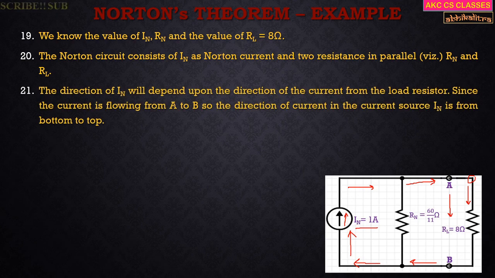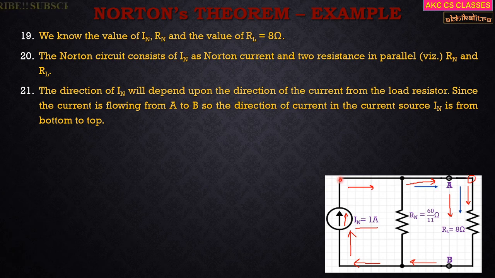So the direction of IN will depend upon the direction of the current from the load resistor. Since the current is flowing from A to B, the direction of current in the current source IN is from bottom to top. If I see the illustration over here, the current is moving from A to B. If the current has to flow in this direction, from A to B, then the current has to flow from this junction to this junction.